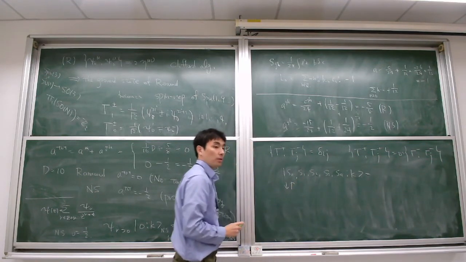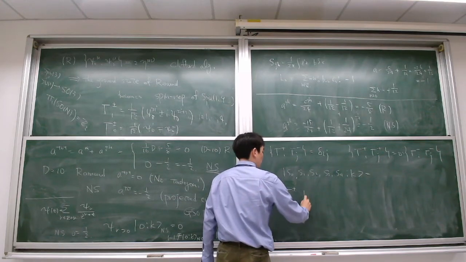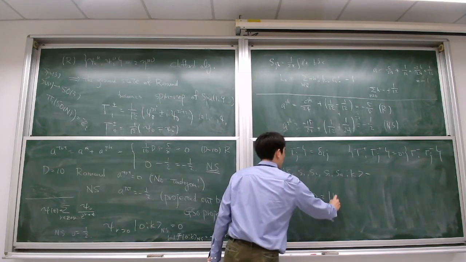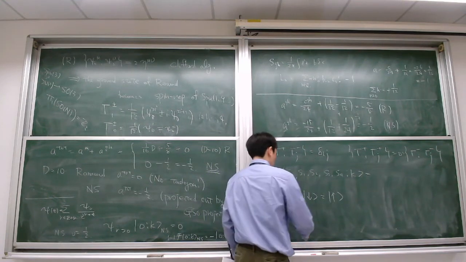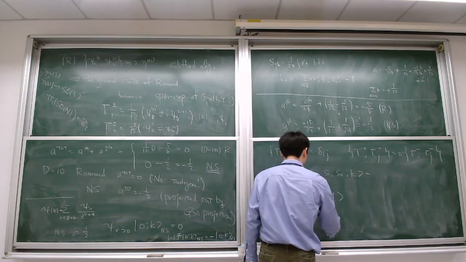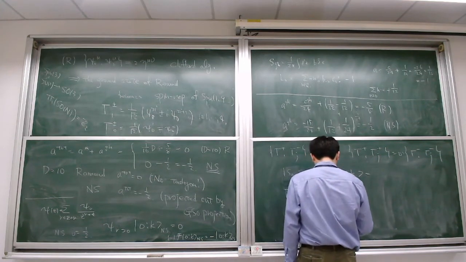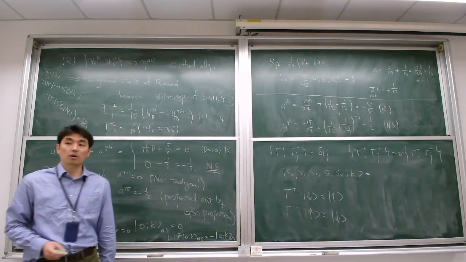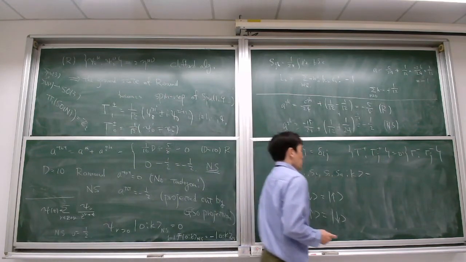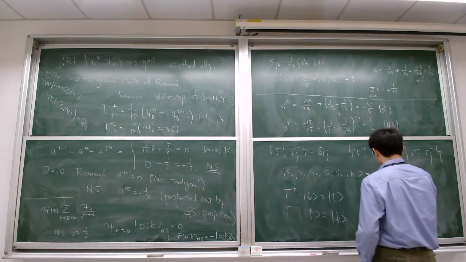So gamma plus minus acts on the down, we get plus, and minus acts on the up arrow, you get the down spin. That's how this gamma acts. That's called the spin representation. So that would create indeed 2 to the 5 states, which is 32 states.